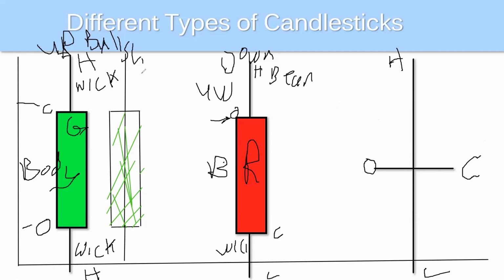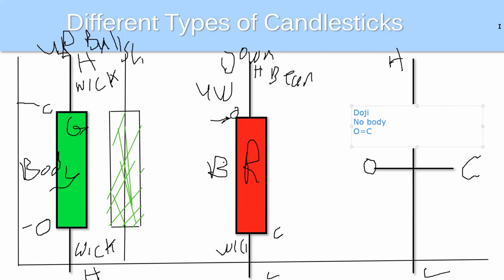So it's where neither the bulls nor the bears won. So the doji has no body. The open is equal to the close.